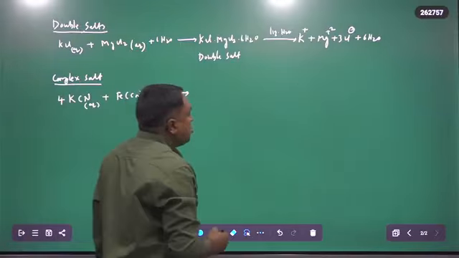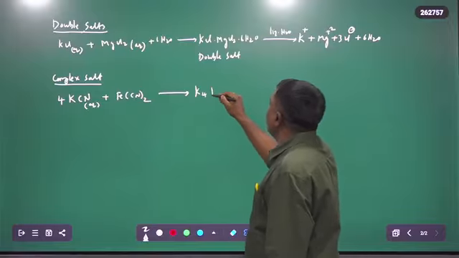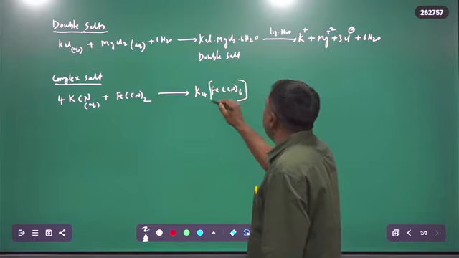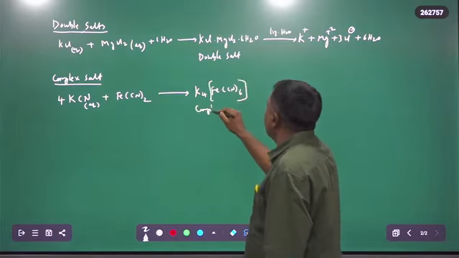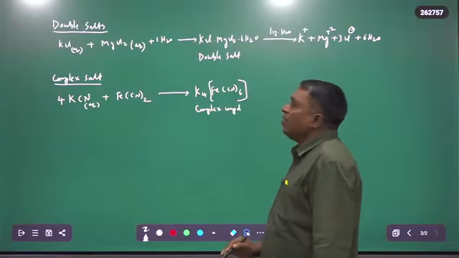Combine these two and you get K4[Fe(CN)6]. This is a complex compound, and the other one is the double salt.